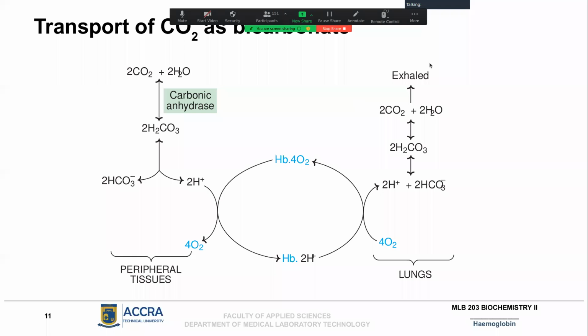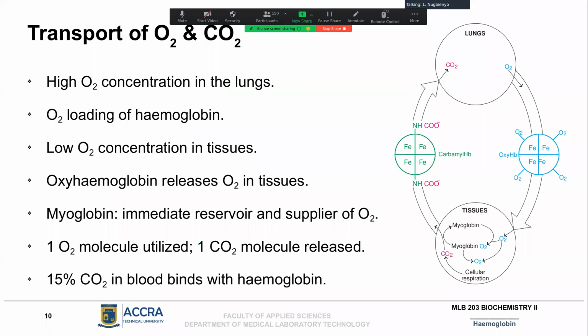What I was saying was that we saw earlier, from the previous slide, this is the previous slide. The last statement here is that 15% of carbon dioxide in blood binds with hemoglobin.